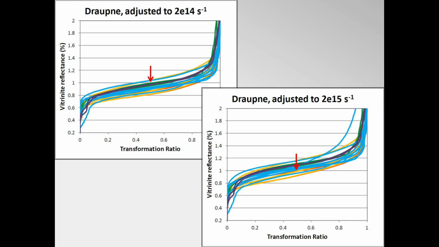And as we might expect, raising the adjusted A factor results in an increase in the vitrinite-reflectance values at oil generation and also decreases the degree of clustering, as we see here in the example for the Draupne comparing adjusted A factors of 2E14 and 2E15.